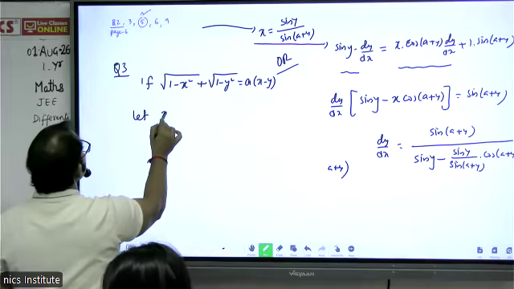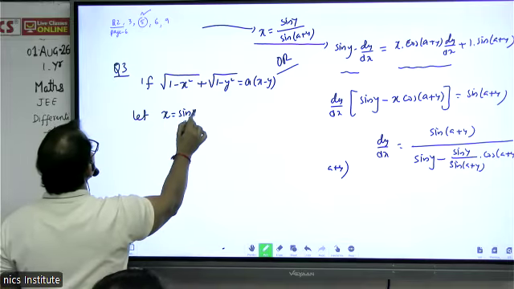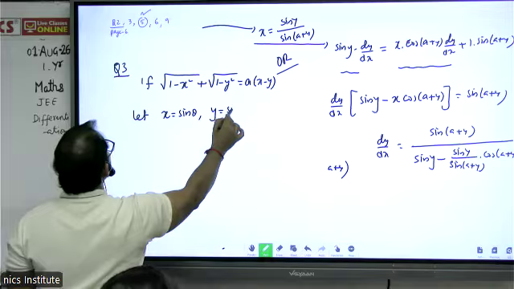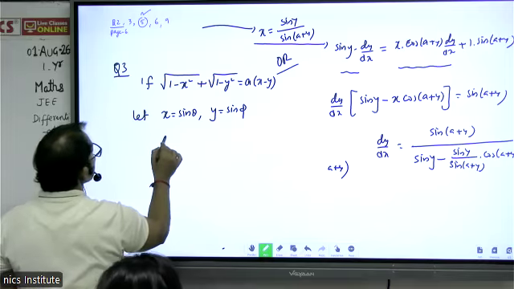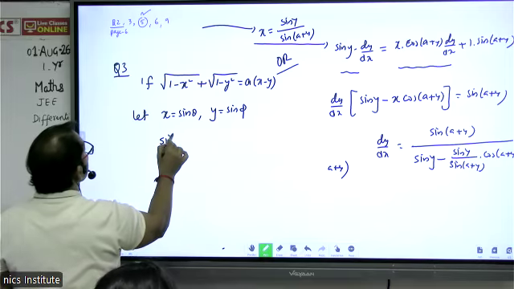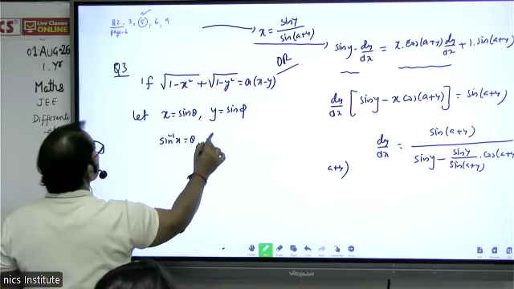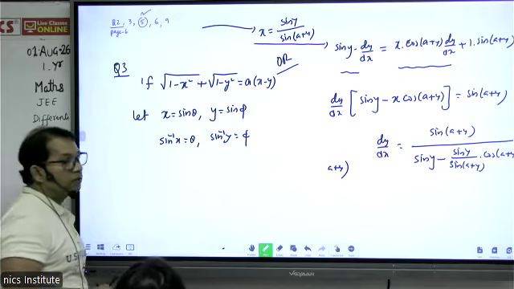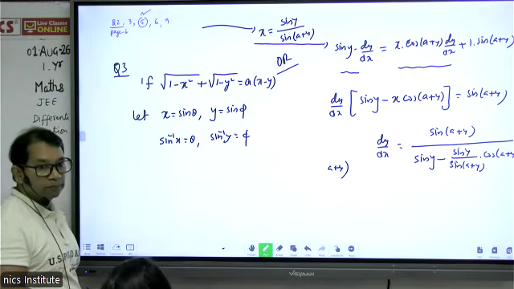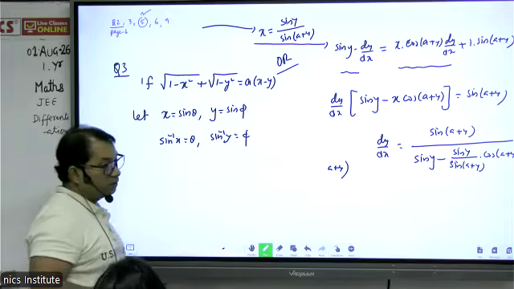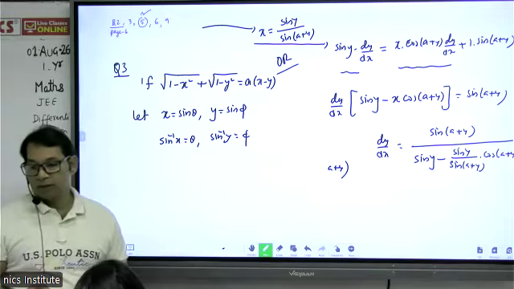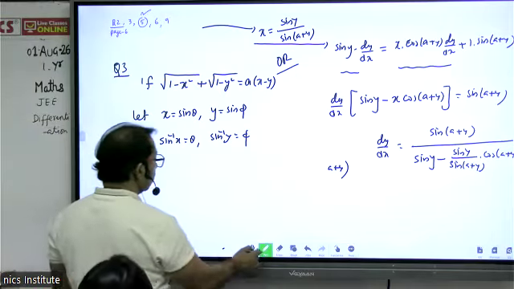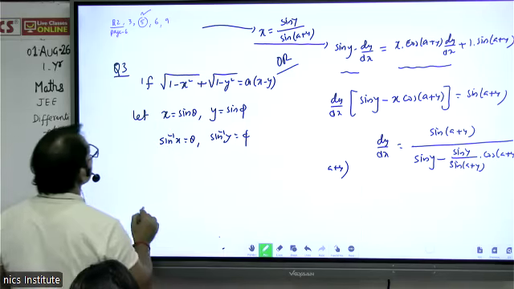So let x is equal to sine theta, y is equal to sine phi. That is, sine inverse x is equal to theta, sine inverse y is equal to phi. So we'll make these two substitutions. These are typical questions which we'll answer by these methods only. Any other method would be longer, it'll take time.